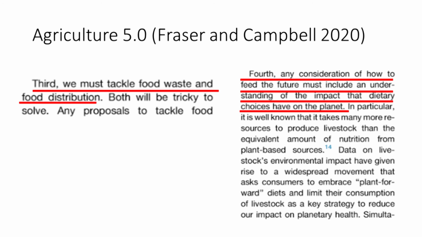So in developed countries, what these authors and many others would argue is that we're eating too much animal-based products. We need to shift to a more plant-based diet, and if we do that, it's going to improve planetary health. The challenge with this, of course, is that a steak tastes really good, ice cream tastes really good, omelets taste really good.